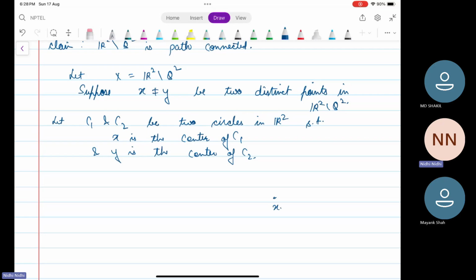So basically we have x, we have C1, we have y, we have C2.